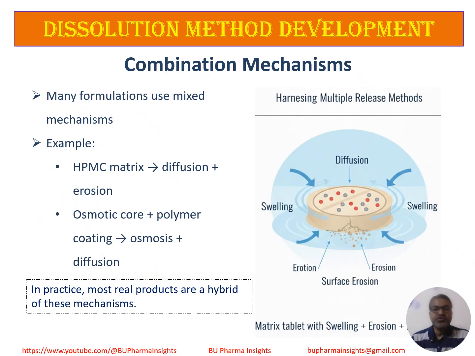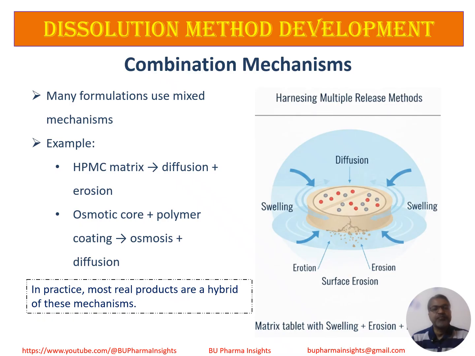Designing an effective dissolution method starts with understanding the dominant and secondary drug release mechanisms. In practice, most real products use mixed mechanisms, not just one. That's why hybrid systems may require multi-stage media or specialized apparatus to capture true release behavior.